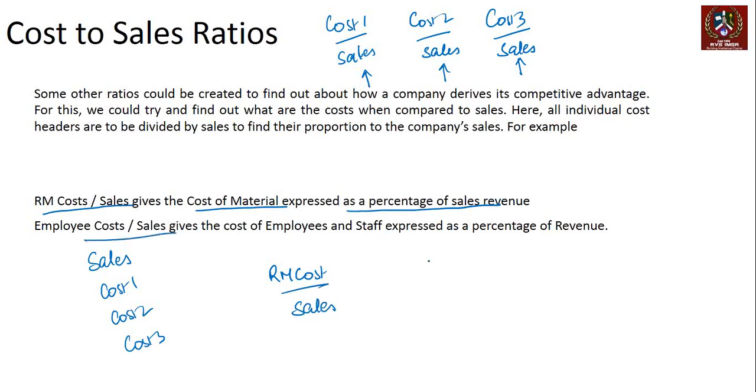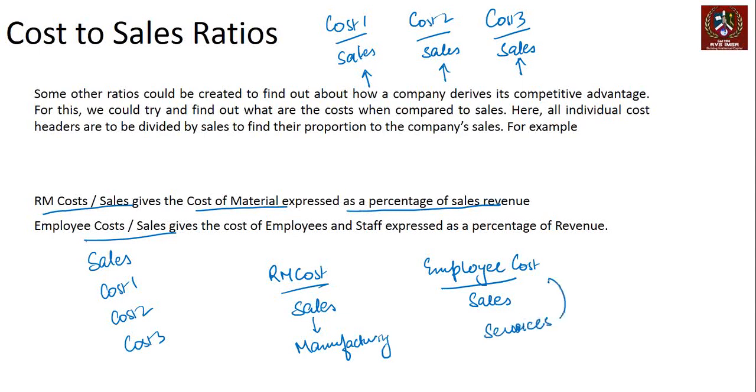Employee cost by sales gives employee cost and staff salary, etc., which is the second important cost header. Now, for manufacturing firms, you should ideally see that the first one is higher. For service-oriented firms, you should ideally see that the second is higher, right?